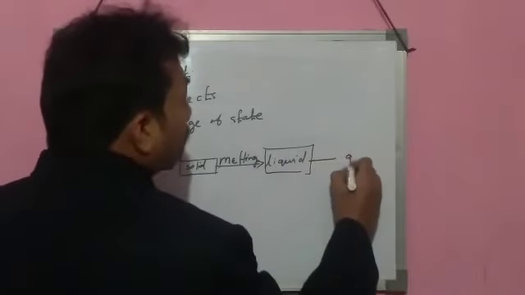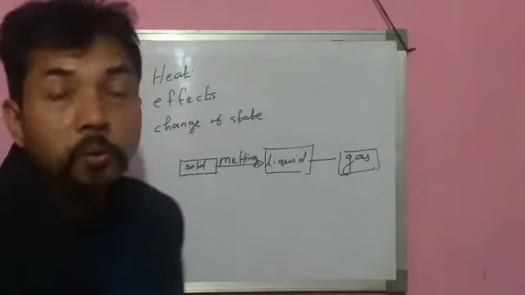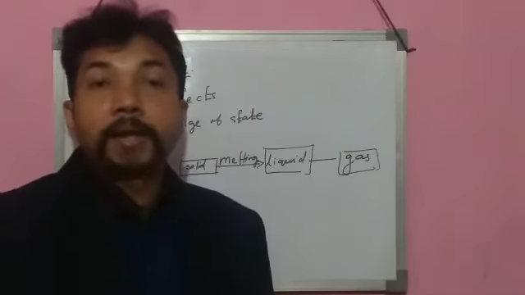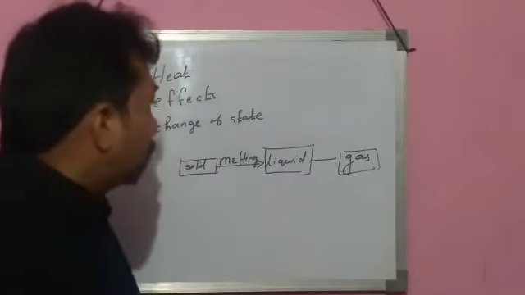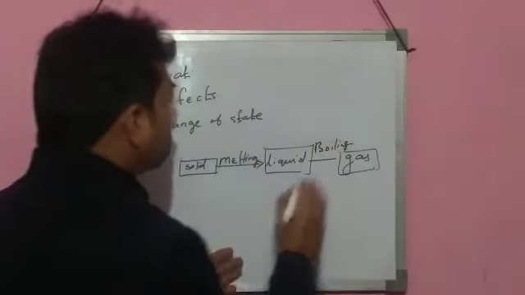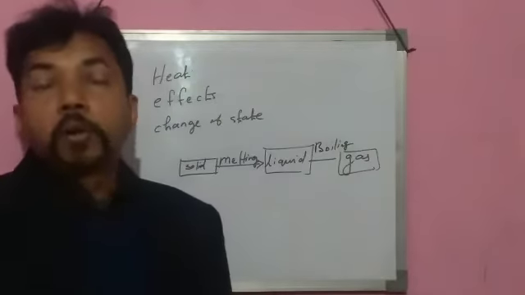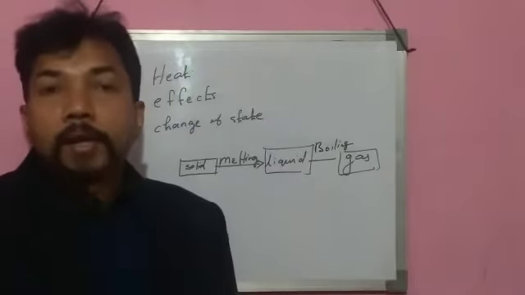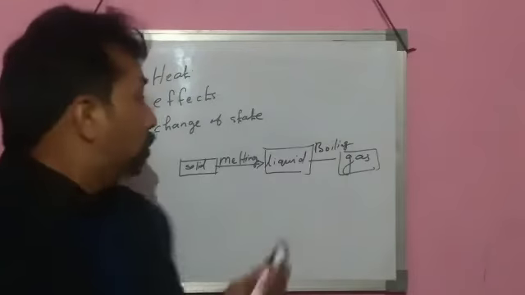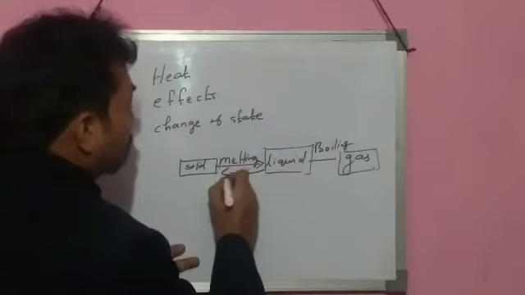And the liquid on heating changes to gas at a constant temperature. That is called boiling. And the liquid on cooling changes to solid at a constant temperature, which is called freezing.